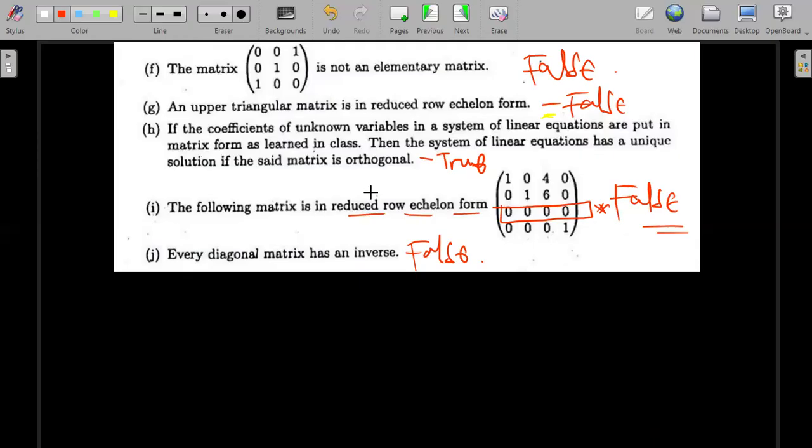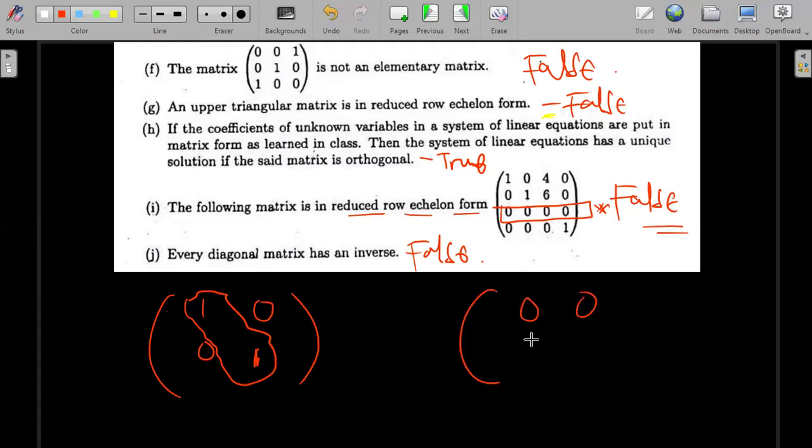What makes it a diagonal matrix is that all the entries off the main diagonal should be zero. So for example, if I write 1, 0, 0, 1, this is a diagonal matrix. But it doesn't limit the fact that even these same diagonal entries can be zero. So if you write this matrix here, we're also going to say it's a diagonal matrix.